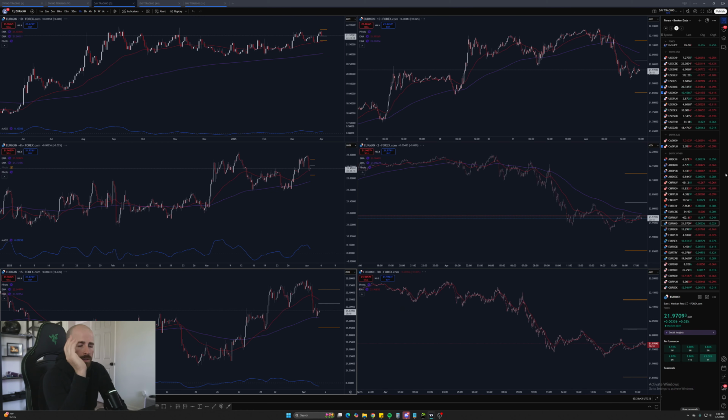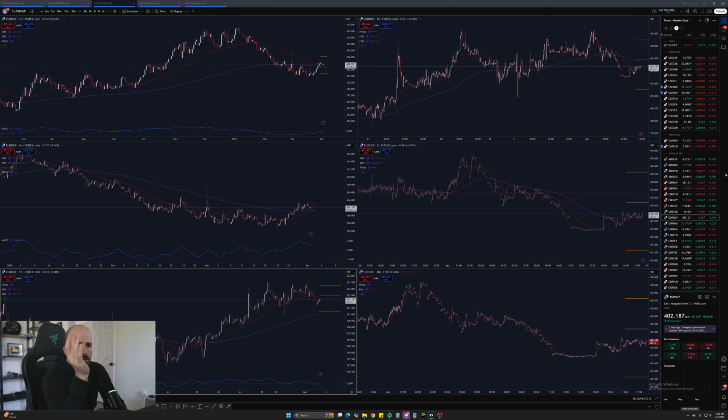Like this is an interesting trade. Euro Huff, can't trade it due to the spread, but you have this breakdown, a pullback.